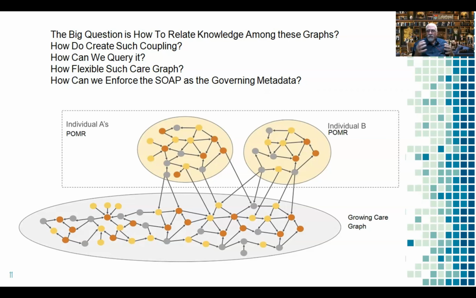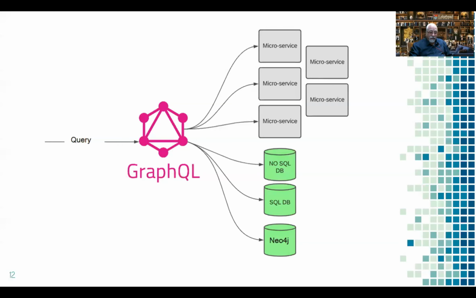For example, if you treated 1,000 patients with Alzheimer's, you will see how the treatment goes for all of them in what we call a giant graph. It could be millions and millions of nodes, describing every case in POMR based on SOAP, and that is what we want to realize.